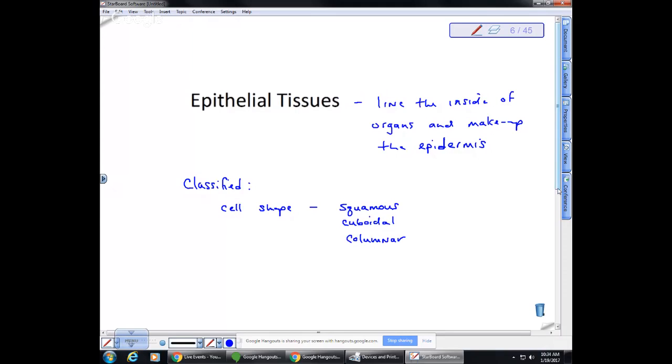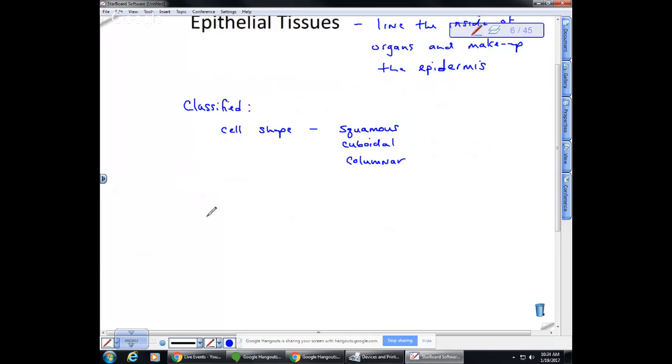So that's one way that epithelial tissues are classified. The other way is their layers. So the layers, they would be simple, meaning that there is a single layer, or stratified, which means that there are many layers.